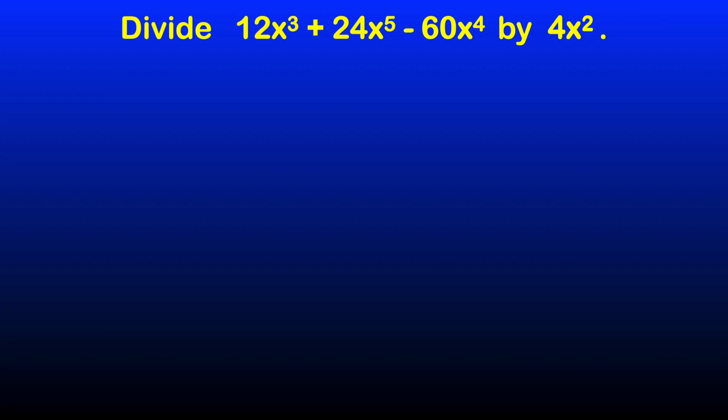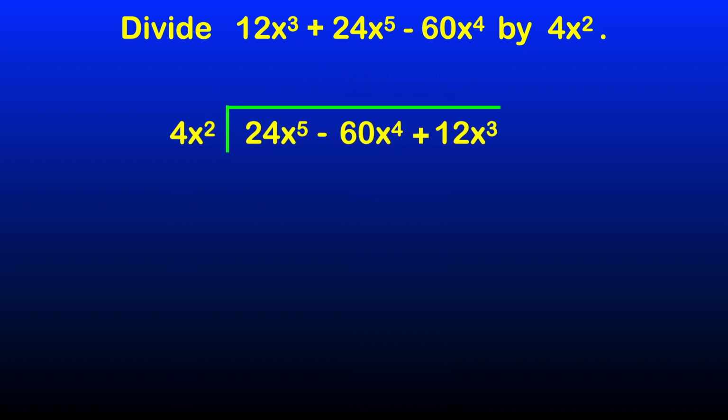When you rewrite the polynomials, be sure to rewrite the terms in descending order. So, ganito yun. 24x to the 5th power minus 60x to the 4th power plus 12x cubed divided by 4x squared.